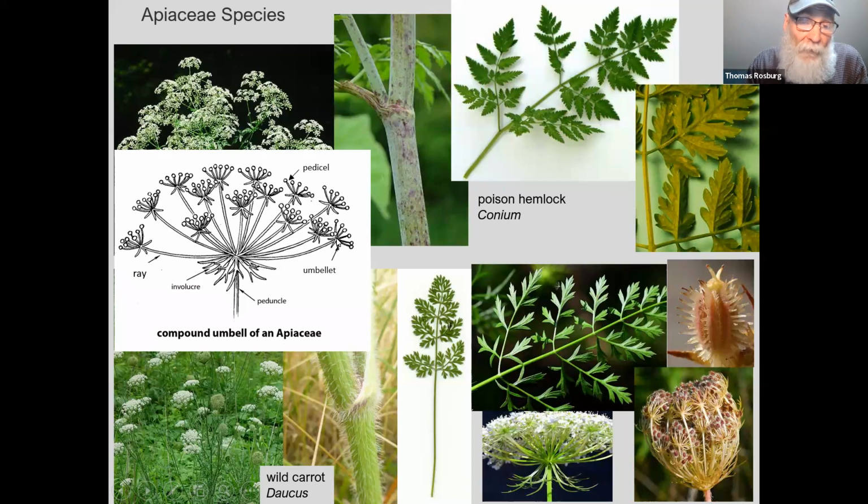Then each umbellet has a structure, a stem, if you will, these are called rays. And all of these rays connect all of these umbellets to a common point. So it's another umbel, a bigger one, and that's what a compound umbel is. Lots of small umbels aggregated together within a larger one.